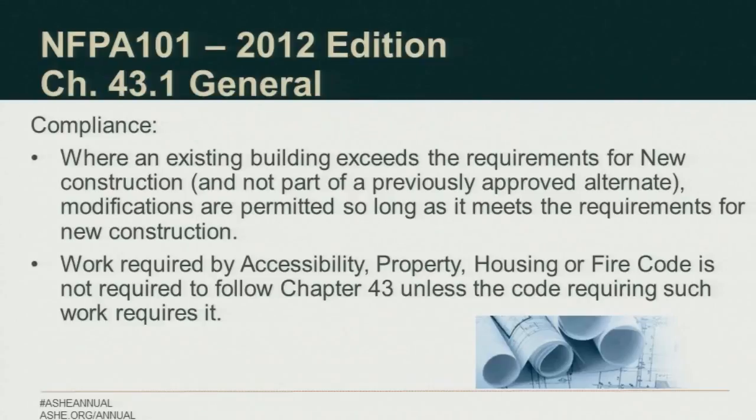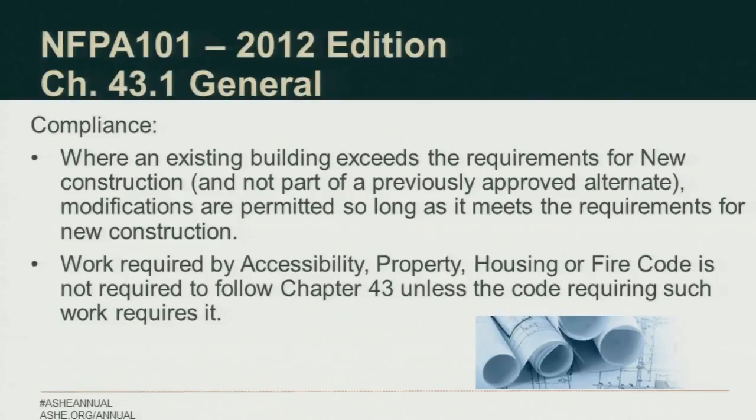So any work that's required by the accessibility, property, housing, or fire code is not required to meet Chapter 43 unless the code requiring it stipulates that. So if somebody comes in and does an accessibility study in your building, and you're found to be in violation of some accessibility requirements, you would have to make those modifications to comply with accessibility, but none of Chapter 43 would come into play there.